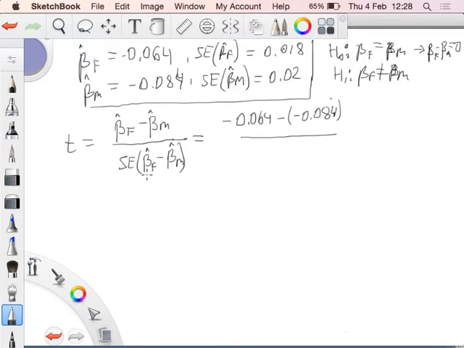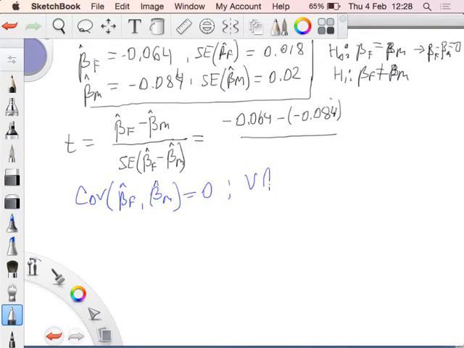Because these estimates are obtained by male and female samples, they are independent. They do not correlate. So basically, what we're saying is the covariance between these two random variables is equal to 0.